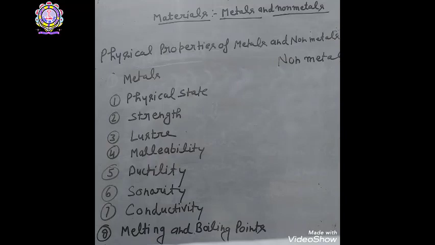The next point is melting and boiling point. These are the main identification points of metals and non-metals.